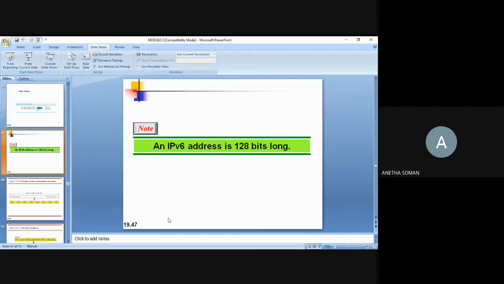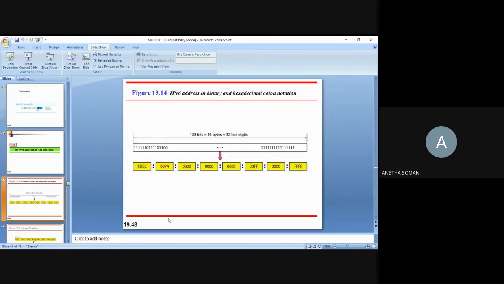Okay. Now I have told you IPv4 can be denoted in two ways. One is binary and the other one is dotted decimal notation. But when we are considering IPv6, you can denote it in hexadecimal colon notation.